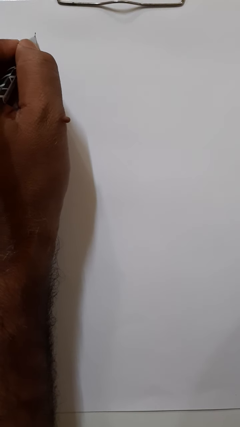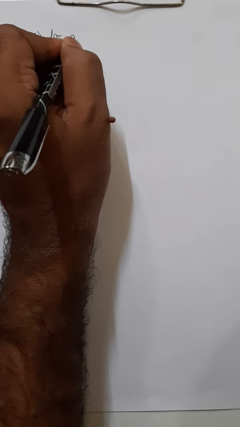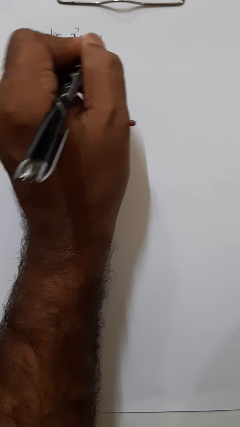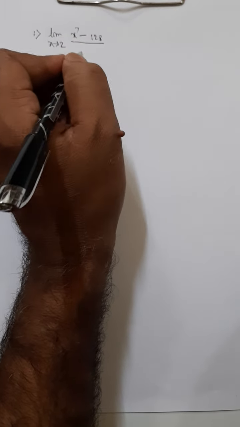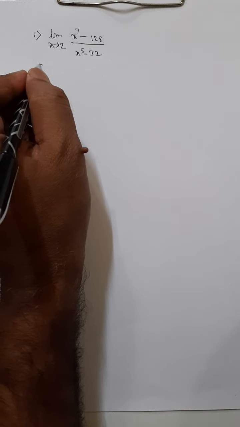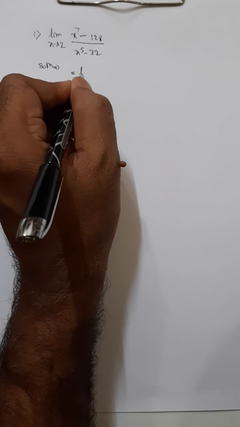So first problem: evaluate limit as x tends to 2, (x to the power 7 minus 128) divided by (x to the power 5 minus 32). So here, how to solve? We know the formula, the index must be the same.